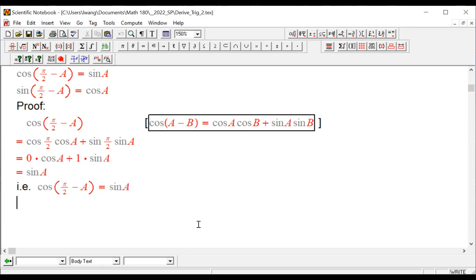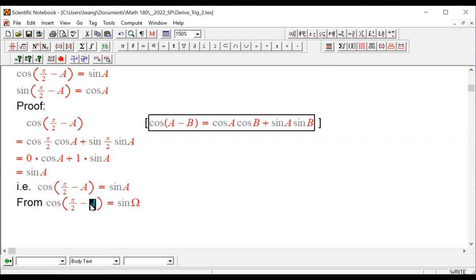From this identity, if this is true for any angle A, of course, measured from standard position and all that, cosine pi over 2 minus A, now I'm going to replace A by omega.